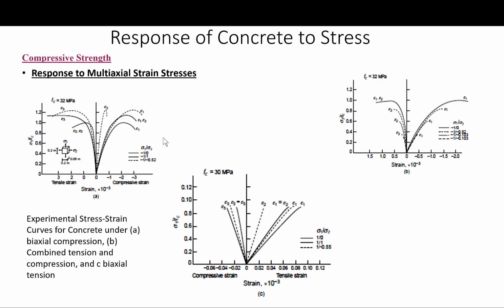In the case of combined compression and tension, as you can see here in figure B, the compressive strength decreased almost linearly as the applied tensile stress increased, as you can see here.